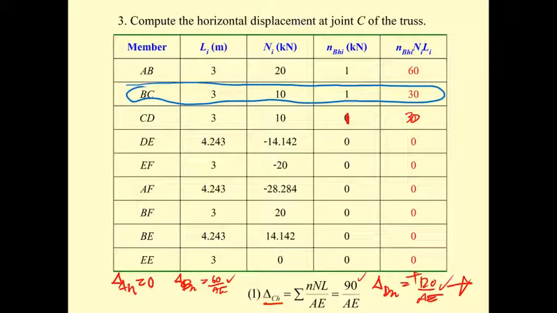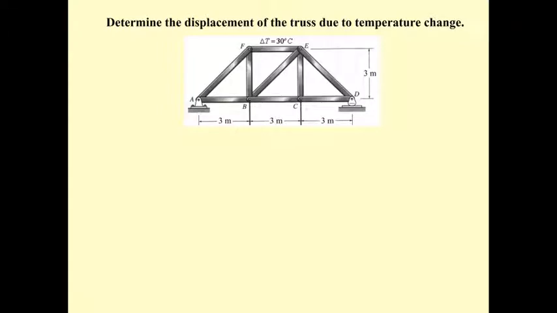One is the truss that's subjected to the temperature change, and the last one is the truss that's subjected to fabrication error. Okay, let me start with the temperature change. In the roof, during the daytime, the members of the truss are subjected to the hot temperature from the sunshine.